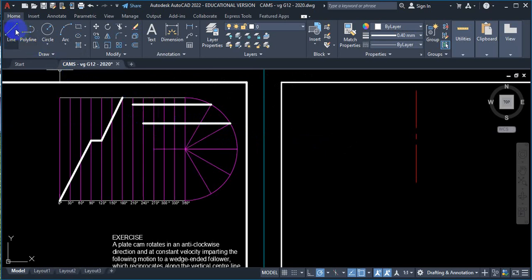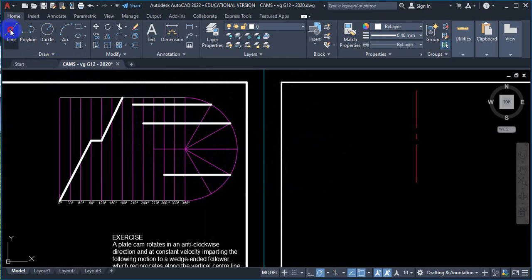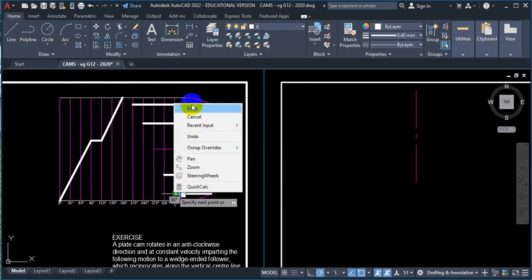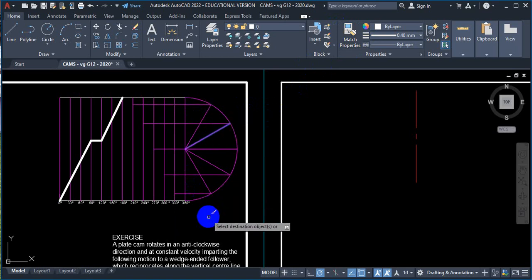Next division, which is already there, then this one goes here, and you are left with just one, and that goes here. But then let us match these properties, so the lines look the same. So that's construction line, construction line, construction line, construction line.